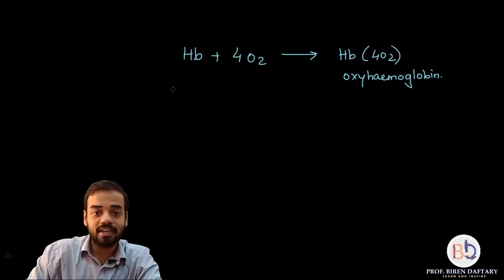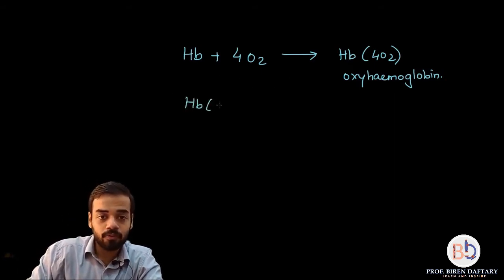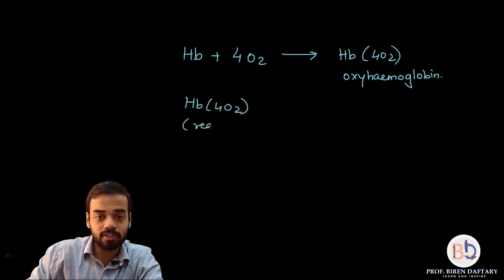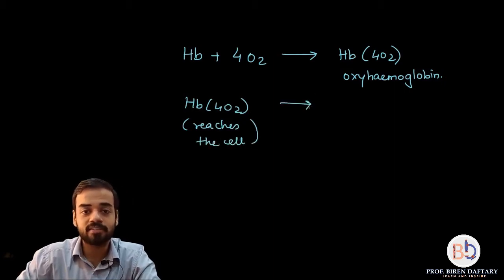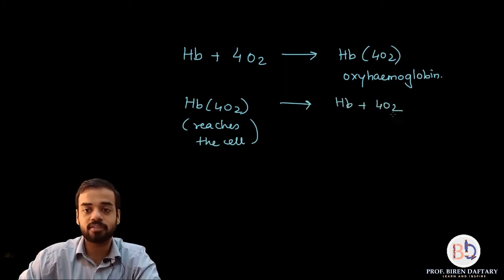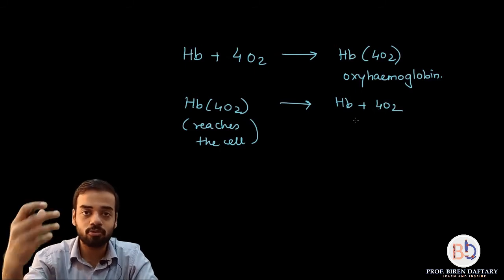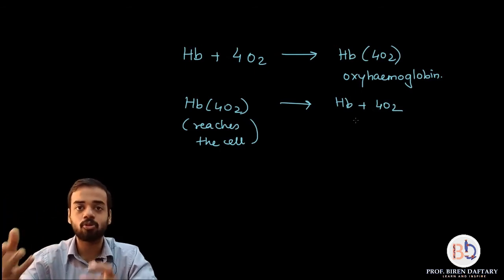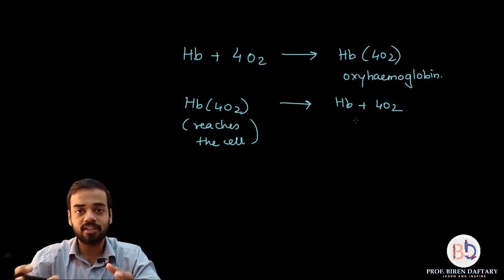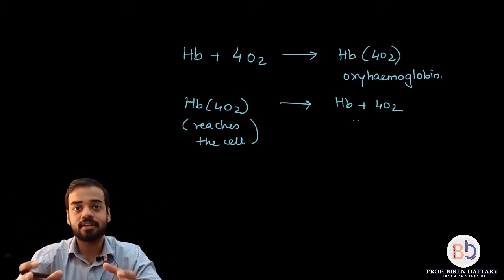So this Hb4O2, when it reaches the cell or tissue, breaks down into hemoglobin and the 4 molecules of oxygen are released. That oxygen goes to the cell, which uses it, and hemoglobin is free again. I hope this is clear. What is oxyhemoglobin? That is clear.